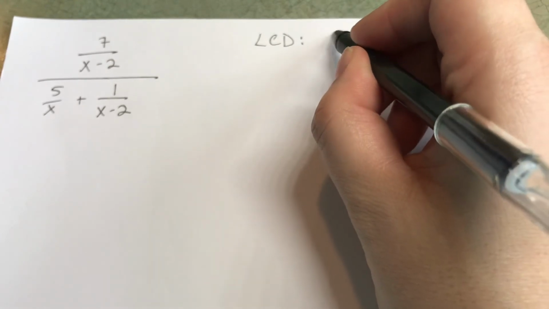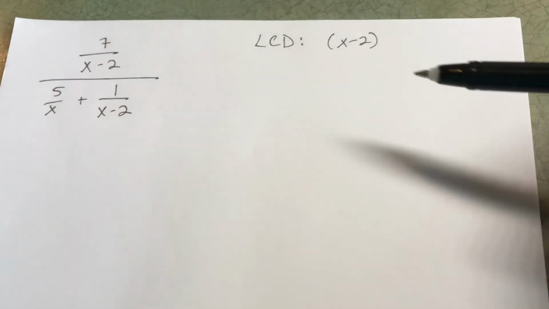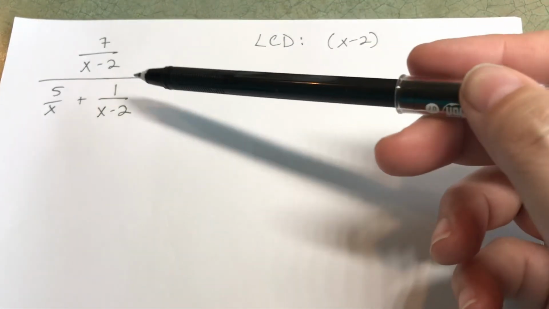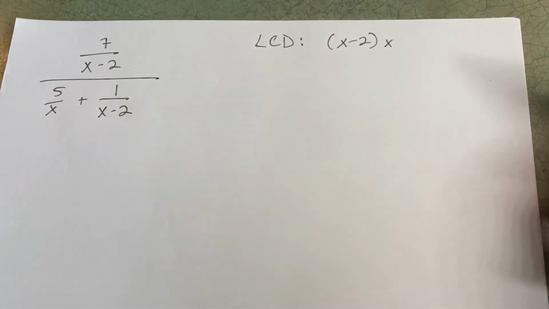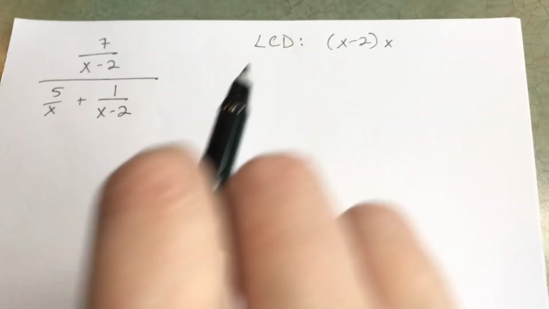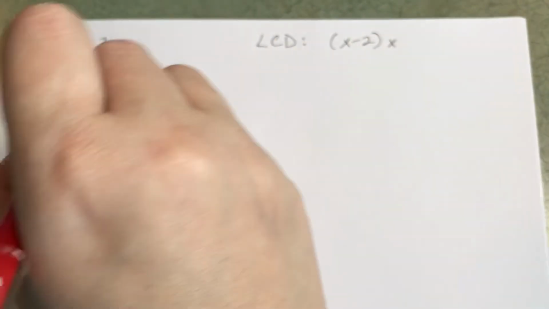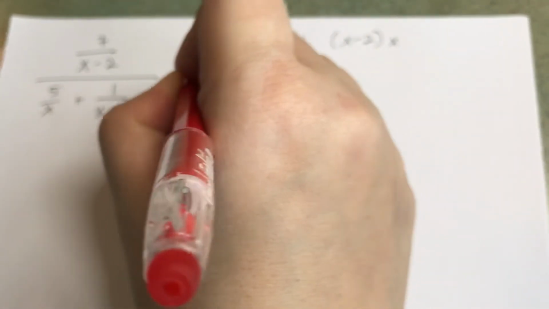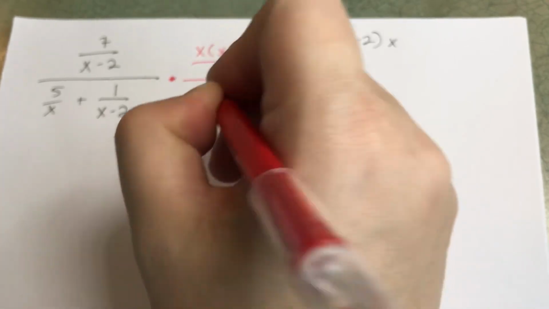So x minus 2. This is nice because they're already factored for me. That won't always be the case. But I need an x minus 2 and an x. So there's my least common denominator. So I'm going to multiply this whole thing by x times x minus 2 over 1.